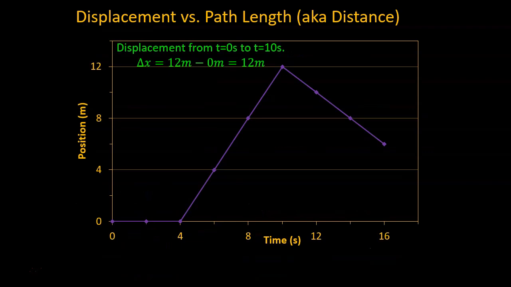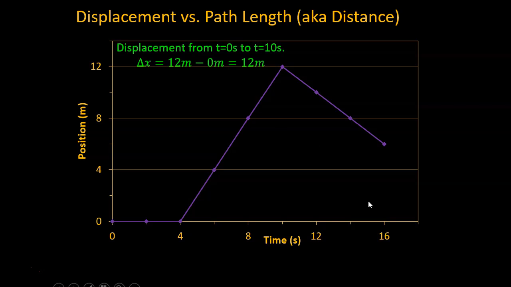Let's move on now and take a look at displacement versus path length and how we calculate them from a position time graph. So in our first example here, we want to calculate the displacement from time equals 0 seconds to time equals 10 seconds. Well, first, its displacement is the final position minus the initial position.